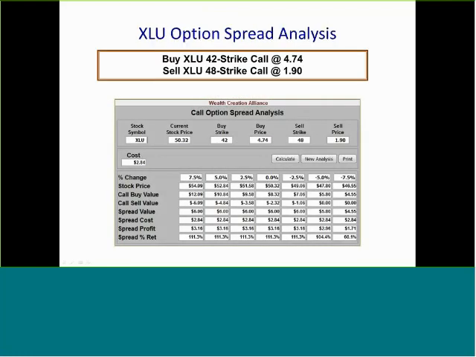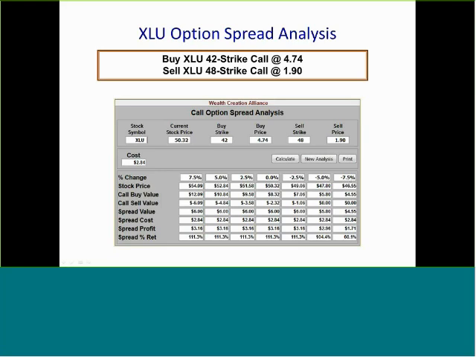And we have a call option spread calculator, and again, this will calculate the profit potential for the option spread, assuming various price changes in the underlying ETF at option expiration. In this example, from the 7.5% increase in the price to a 7.5% decrease in the price at option expiration.